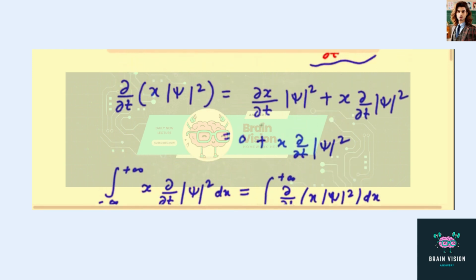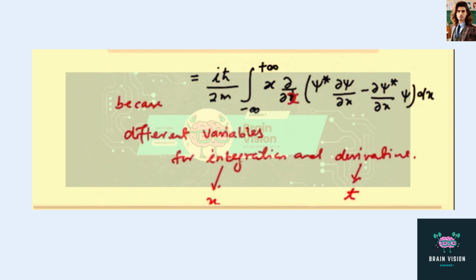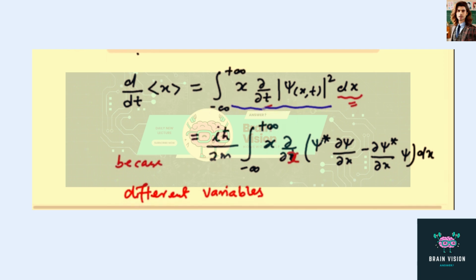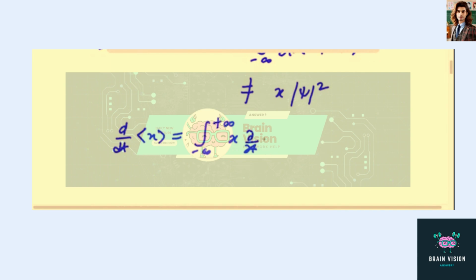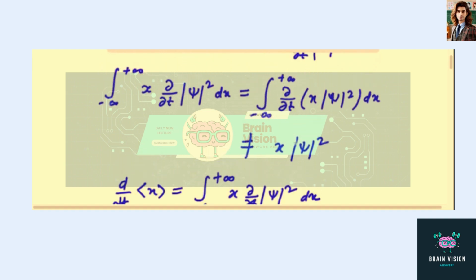Because we write this equation as d/dt of ⟨x⟩ equal to the integral from minus infinity to plus infinity of x ∂/∂t |ψ|² dx.